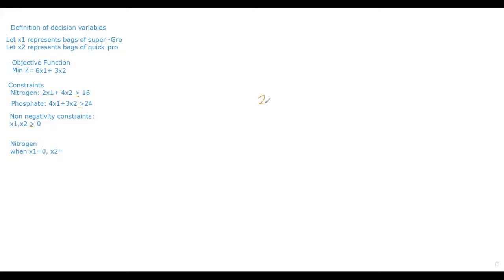So 2 times 0 plus 4x2 is greater than or equal to 16. The first term is 0, so we are left with 4x2 greater than or equal to 16. Divide both sides by 4, and you get x2 greater than or equal to 4.